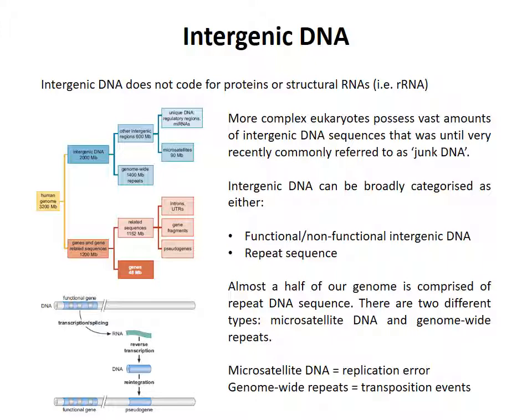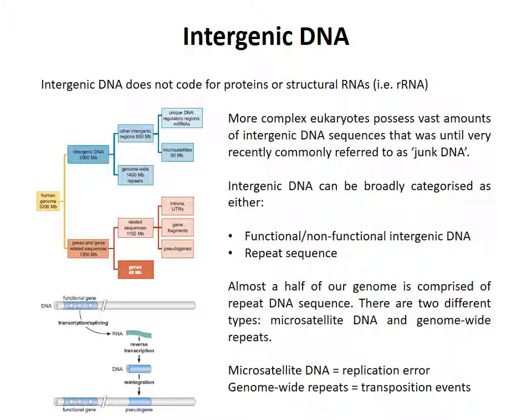Transposition events in human and mammalian cells are a rare event, they don't happen a lot. One reason is that it's very dangerous, it generates a lot of genetic instability and can lead to mutation. Nevertheless, these sequences have been around for so long that they've co-evolved with our genomes and gradually over time come to occupy a lot of the space within them.